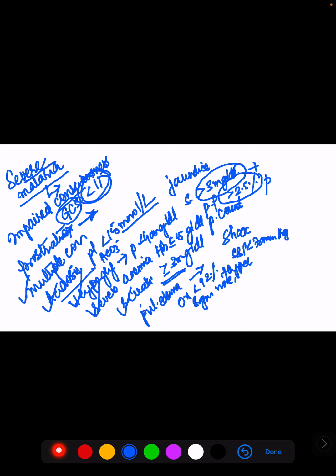And there will be hyperparasitemia. In P. falciparum, the parasitemia will be greater than or equal to 10%. But for vivax, there are no established parasite density thresholds.